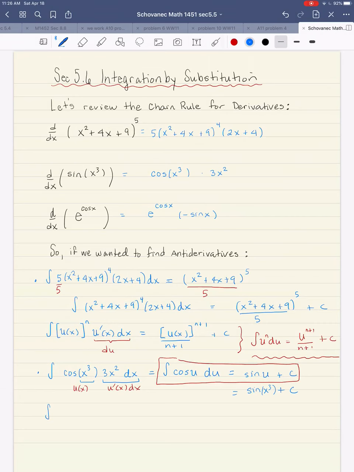In our next example, the function part is in the exponent. So if you wanted to integrate this right-hand side, e to the cosine of x times minus the sine of x dx, you should get e to the cosine of x plus c. Now, if I took this minus sign out of the left-hand side, I would have to put it into the right-hand side.